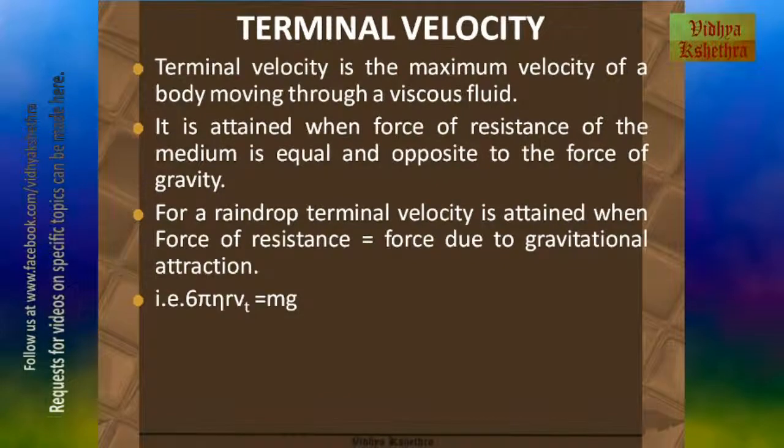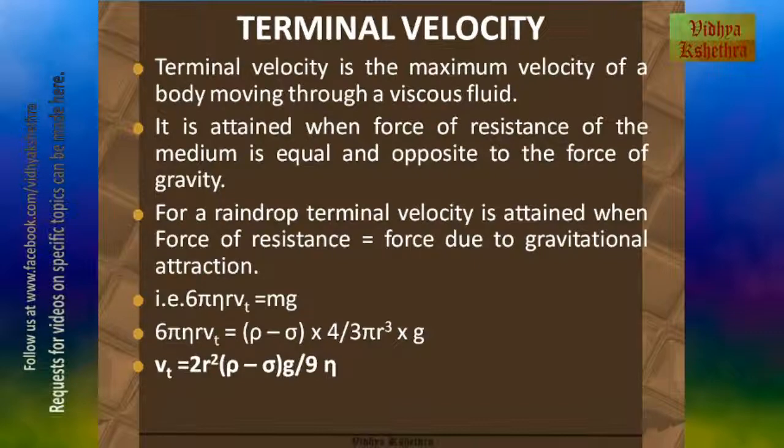For example, in the case of a raindrop, by Stokes' Law, the force which is experienced by the raindrop is given by 6 pi eta r vT is equal to mg, and m is the mass, and it is given by rho minus sigma into 4 by 3 pi r cubed, where sigma and rho are the densities of the mediums, and 4 by 3 pi r cubed is the volume of the raindrop, and g is the acceleration due to gravity.